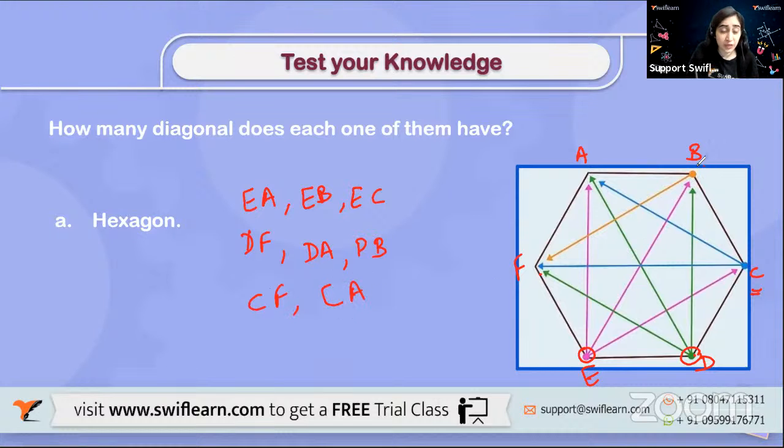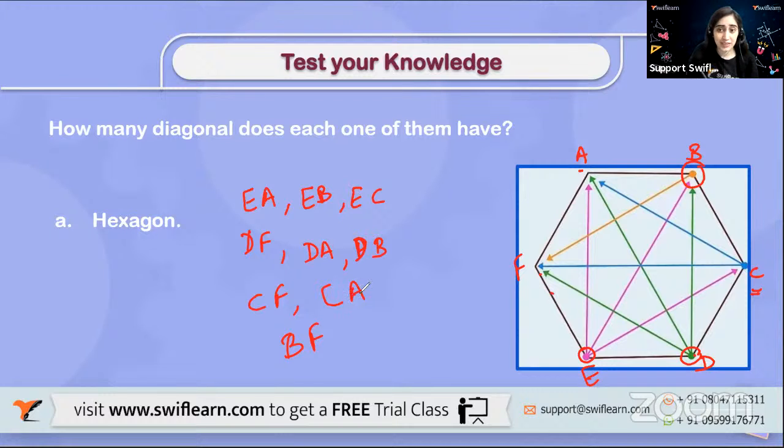All right, let's move to point B now. From B, the diagonals will be BD, BE, BF. So BD, B and D. Where are they? We have that. BD, yeah, here it is. DB or BD stands for the same thing. So I have that diagonal with me. How about BE? EB, BE means the same thing. So I'll just add BF. Just one diagonal is left. Let's move to the diagonals at point A. So AE, AD, AC.